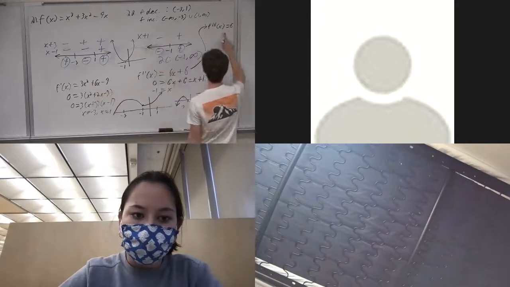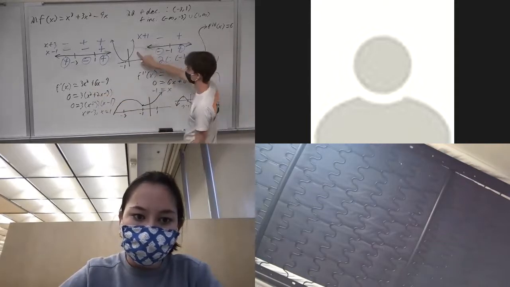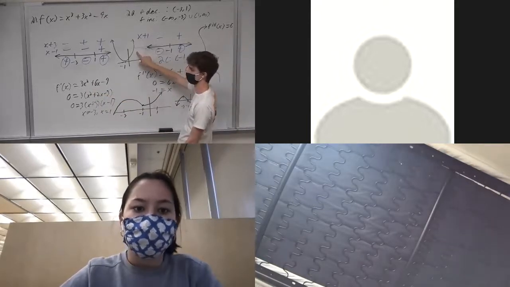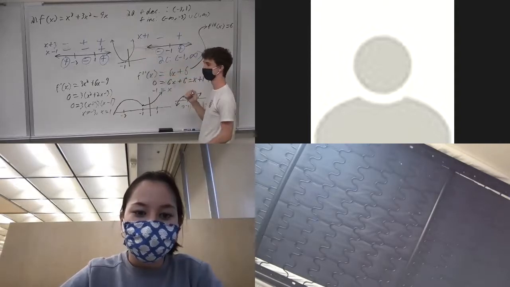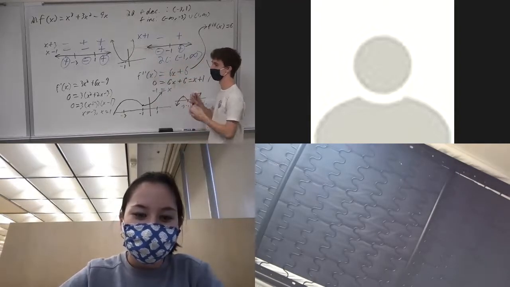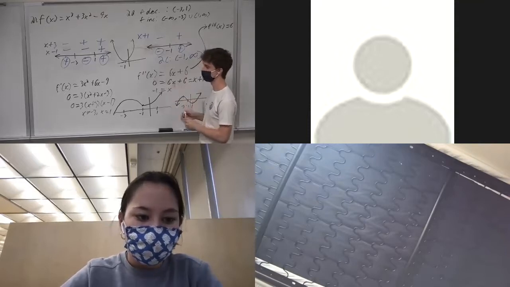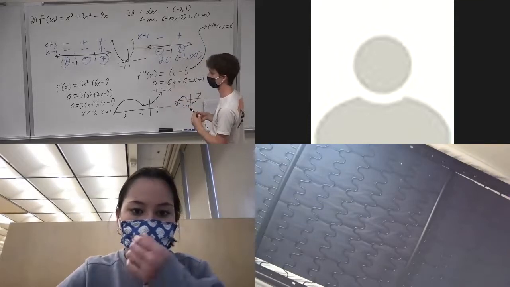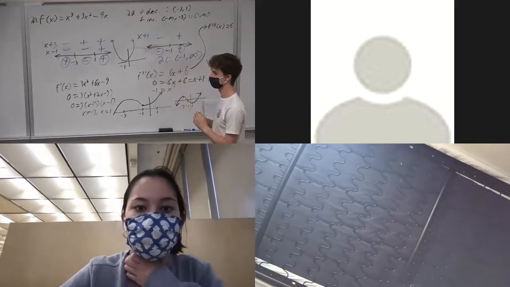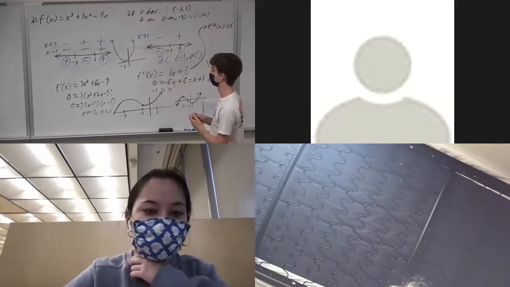And as you can tell, this is always positive. How's that concavity looking, right? So it all works together, it's really cool. Does that answer your question a little bit? Yeah, thank you. That makes a lot more sense.